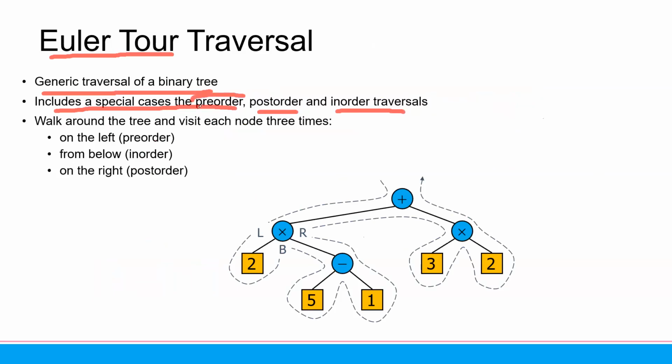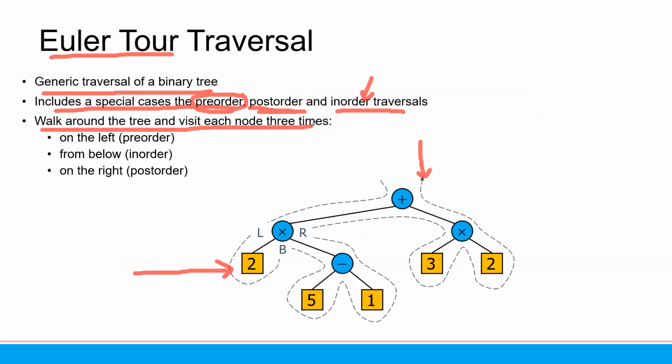We know the pre-order starts from the top. We know the post-order starts from the left. And we know the in-order, we will check every left first and then right. So it is like the combination of the pre-order, post-order, and in-order.